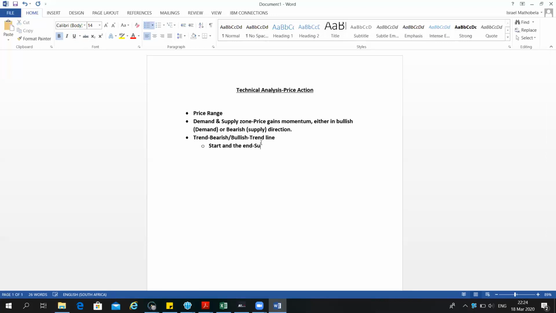Mostly these are called support and resistance levels, right? The support and resistance levels are basically areas where there is major price rejection after a strong consolidation.